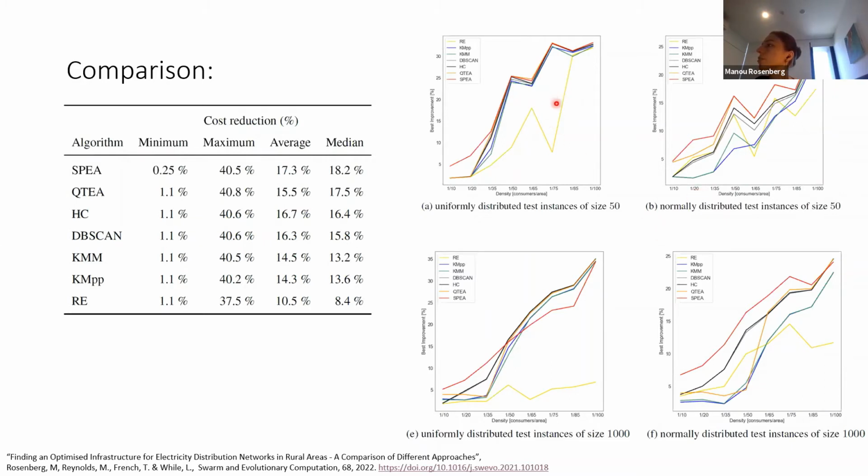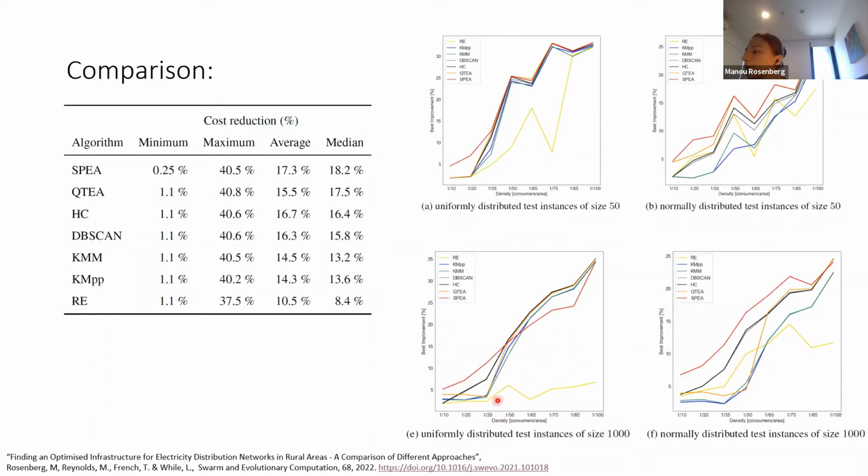It changes if we look at the different distributions of the consumers. What I've seen from most real-world cases is that the normally distributed one is closer to real-life cases in most instances. For 50 and also for 1,000 size instances, we can see that usually the problem-specific algorithm outperforms the other ones on average, and on the x-axis we have the different densities.